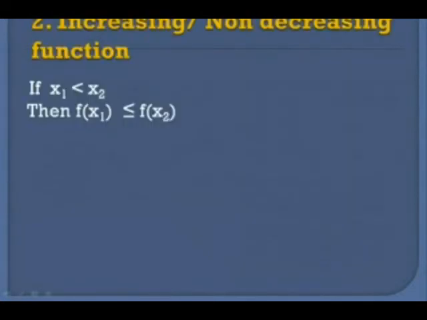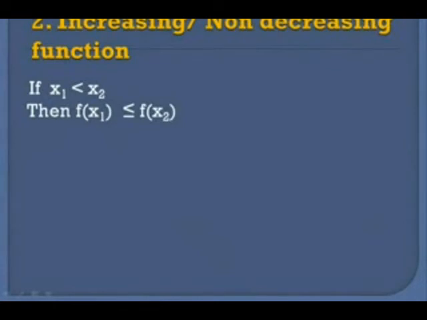The second type of increasing function is the increasing or the non-decreasing function. Non-decreasing means that it is increasing or is constant at some points, but it is not decreasing. So the condition for this is if x1 is less than x2, then f(x1) is less than or equal to f(x2).